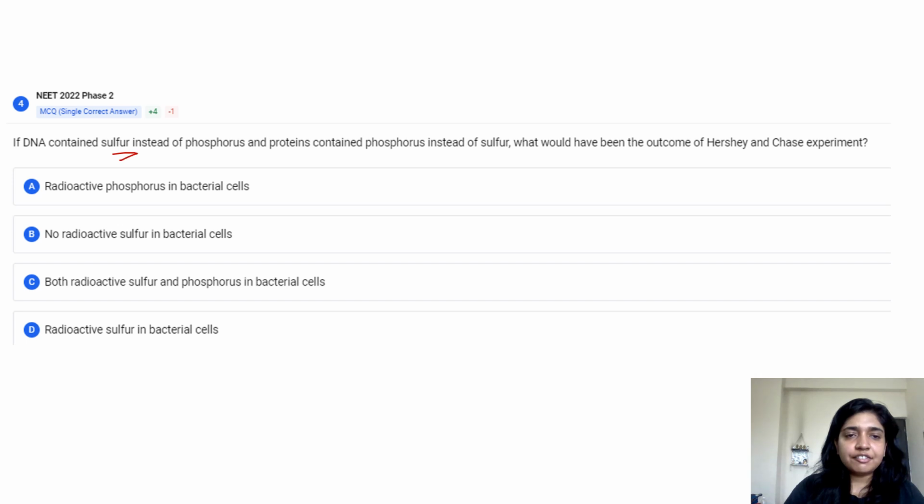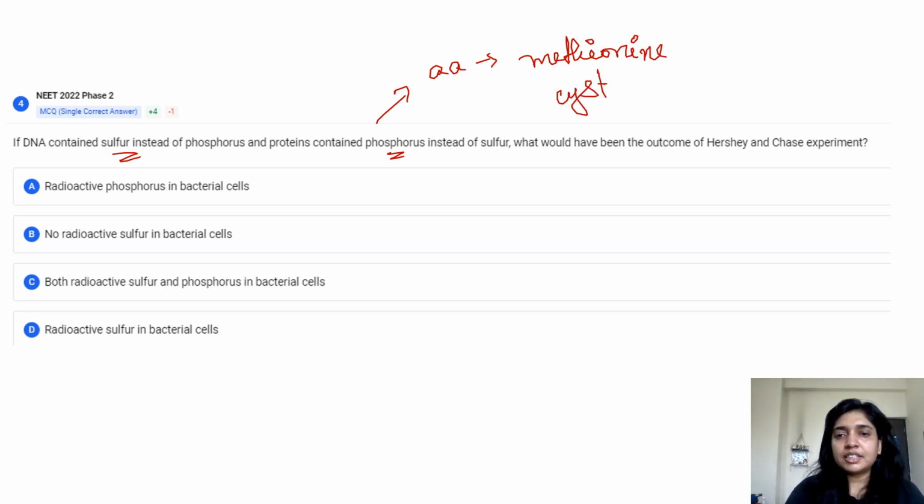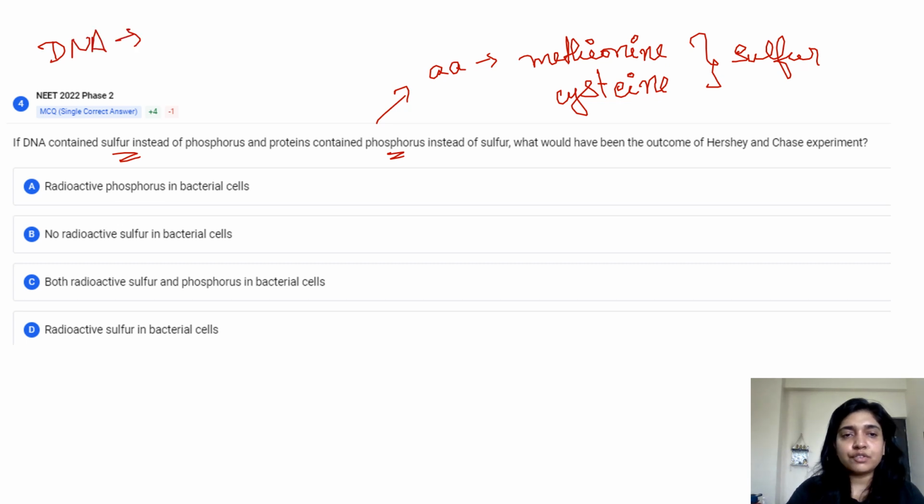If DNA contains sulfur instead of phosphorus and proteins contain phosphorus instead of sulfur. So you know that there are some amino acids in proteins, for example methionine and cysteine, these two amino acids contain sulfur. But DNA does not have sulfur, DNA has phosphorus, in terms of phosphate groups attached to the 5' carbon.